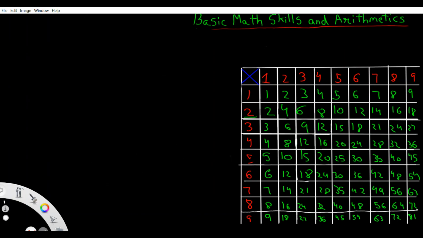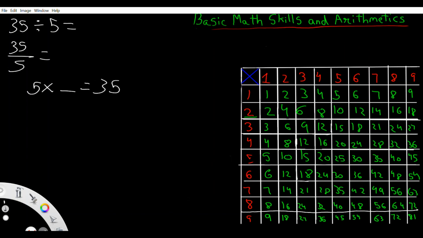So that was multiplication. Now let's look at division. So if you want to divide 35 by 5, what do you get? We can also write this as 35 over 5 as a fraction. They both mean division. So what this really means is 5 multiplied by what number will give us 35.